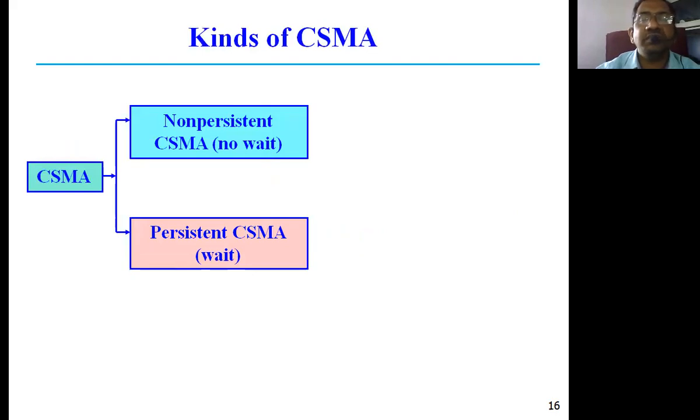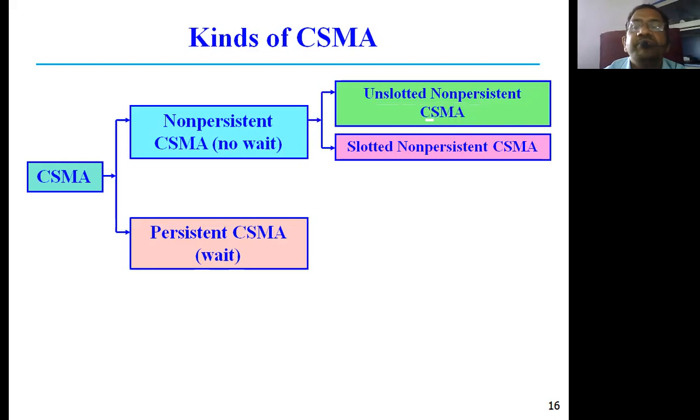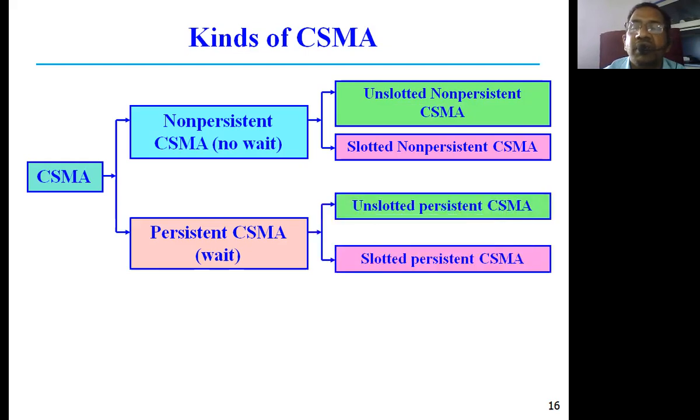The kinds of CSMA are non-persistent and persistent. Non-persistent means no waiting period; persistent means a waiting period. Usually CSMA is used to avoid collisions altogether, so the waiting time is the one implemented in CSMA. Coming to non-persistent, we have unslotted non-persistent CSMA and slotted non-persistent CSMA, which is not so popular for us.